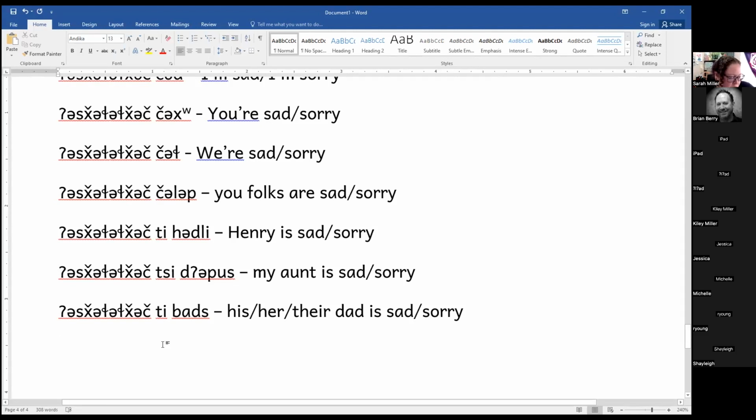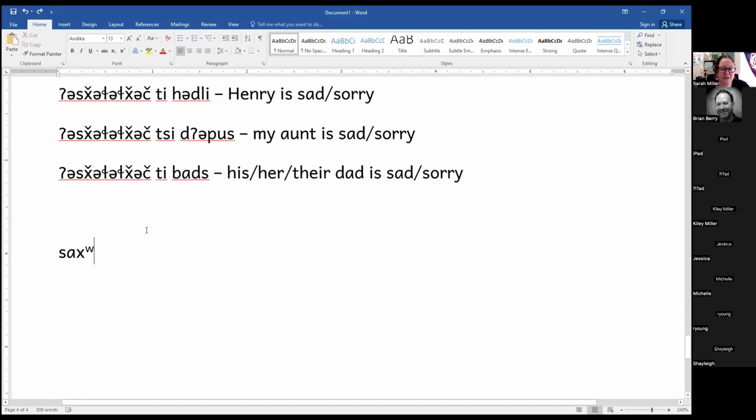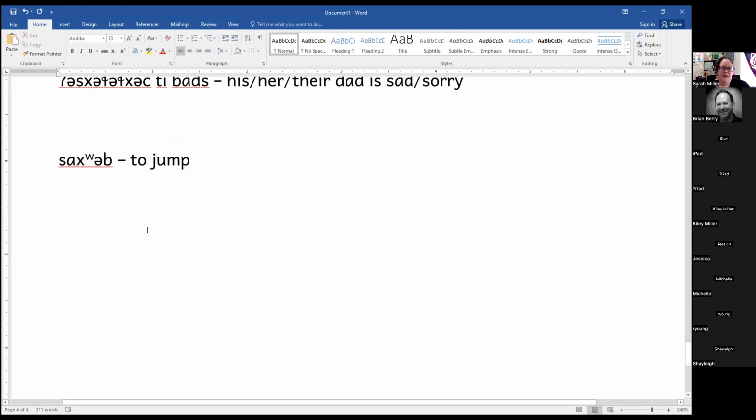Let's go to an action word. Remember, no capitals in Lushootseed. Softweb means to jump. I believe there's a version of softweb that also means to kidnap, but we're not talking about doing that today.